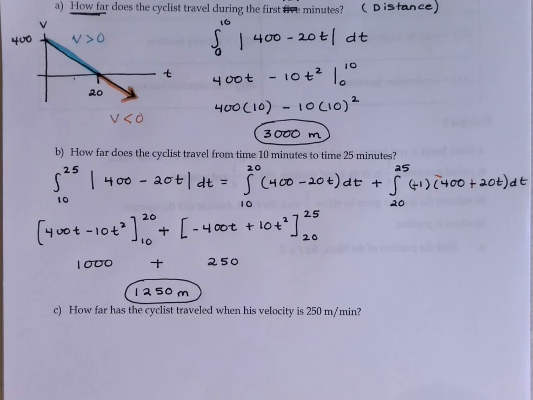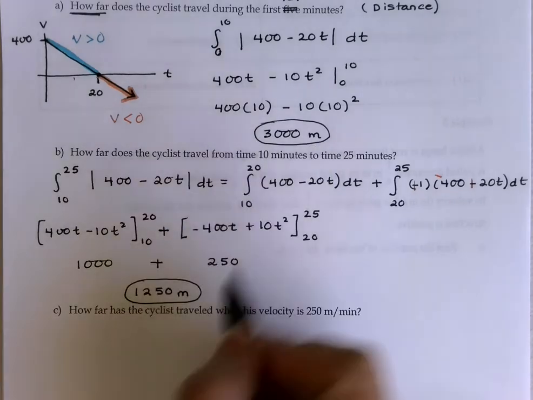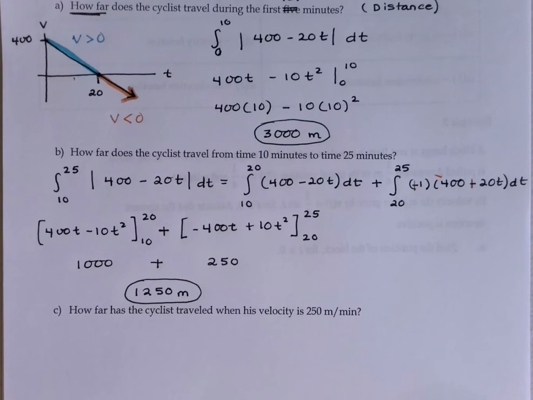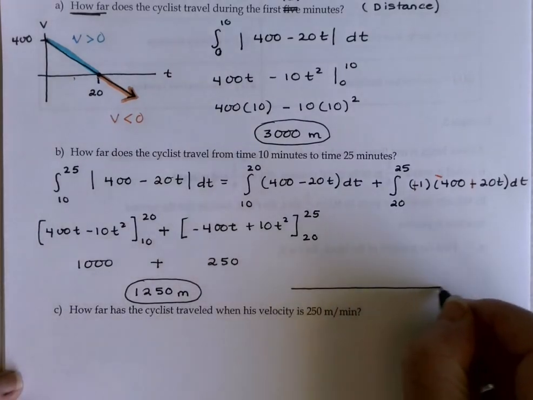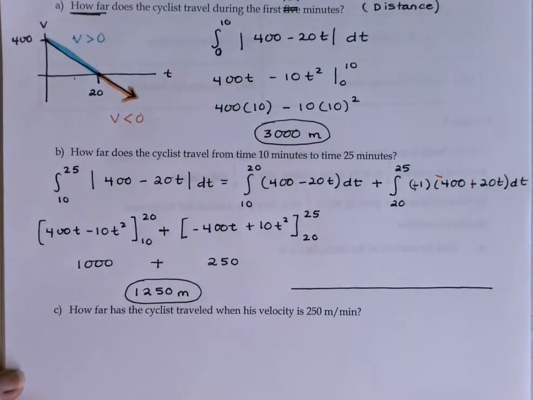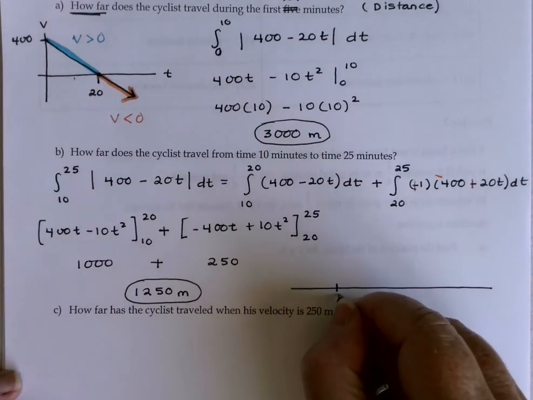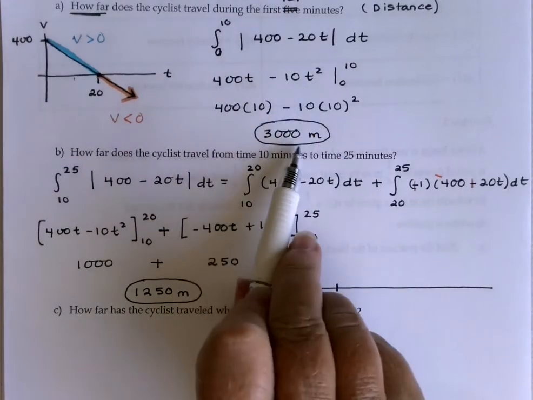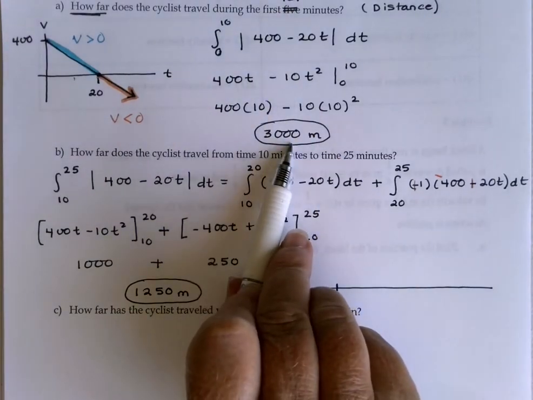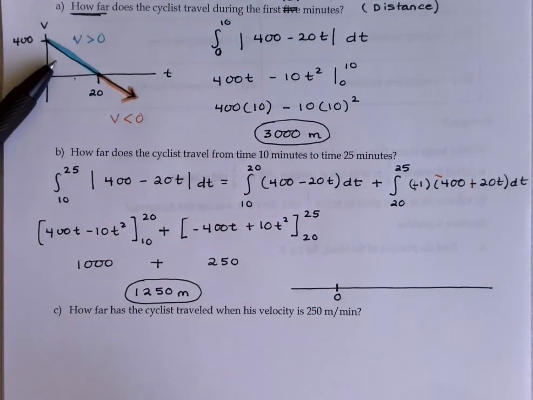Now I know the problem didn't actually ask us to do it, but I'd like to just take a moment and sketch the picture of the cyclist's path again. We can put our information from the first two parts into doing that. And let's see here, if I start at 0, I'm going to say that for the first 10 minutes we go to the right, positive 3,000 because our velocity was positive.